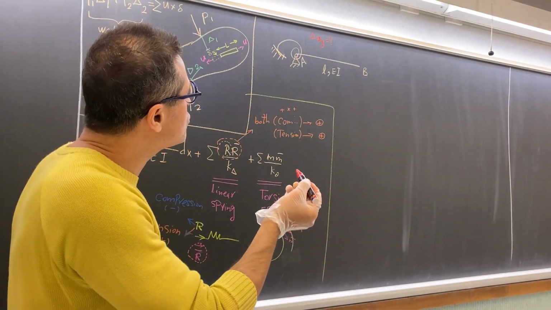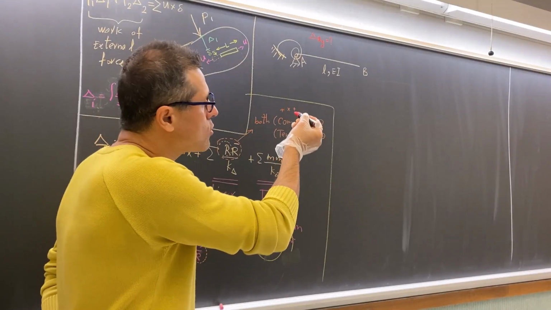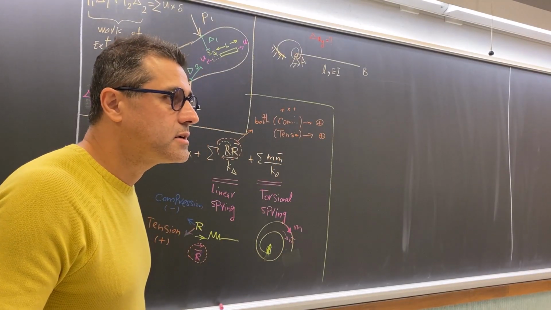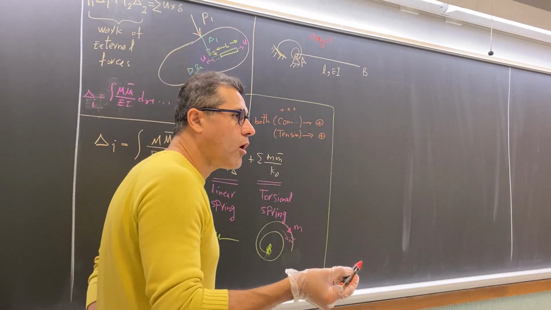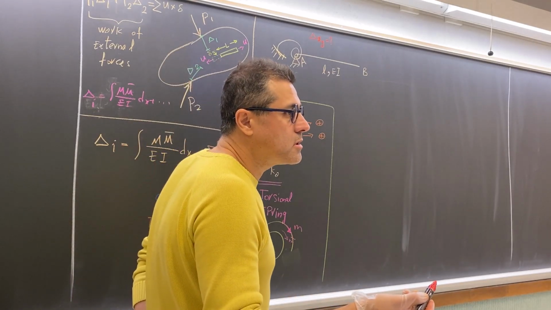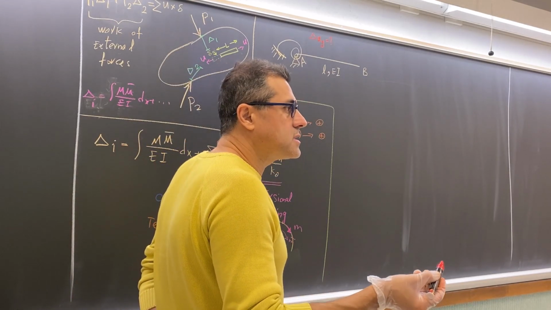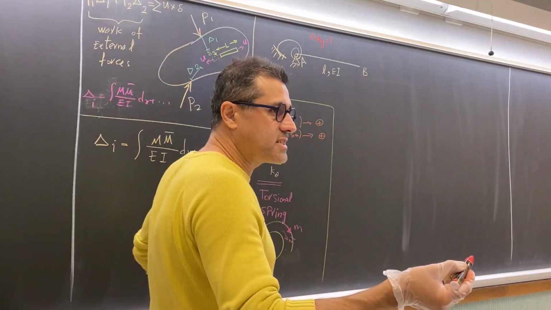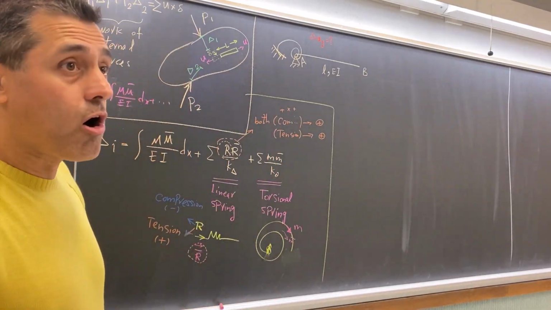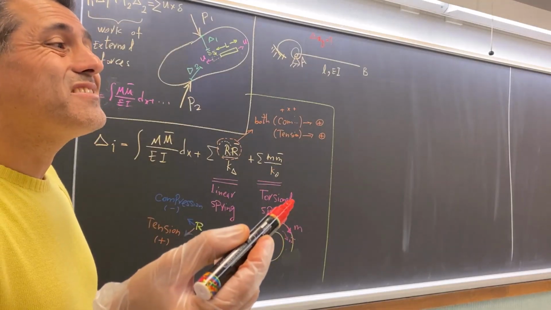Clement, how do you apply the unit virtual load? Where? Point B. How? Horizontal or vertical? It's Y, so vertical. Clement said because it's Y, so we apply it vertically.